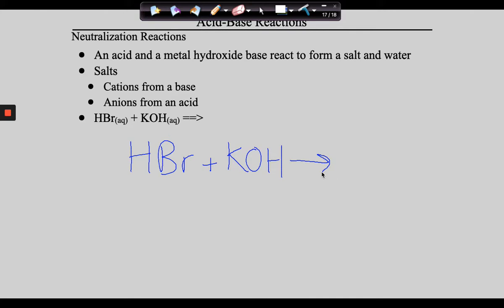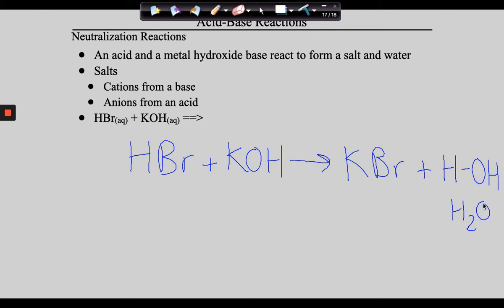I'm going to do this a little bit backwards. Bromine is -1, potassium is +1. How many of each do we need? One. That means one of our products is KBr. Then the other product is the H getting together with the OH and making HOH, which we refer to as H2O, or water.